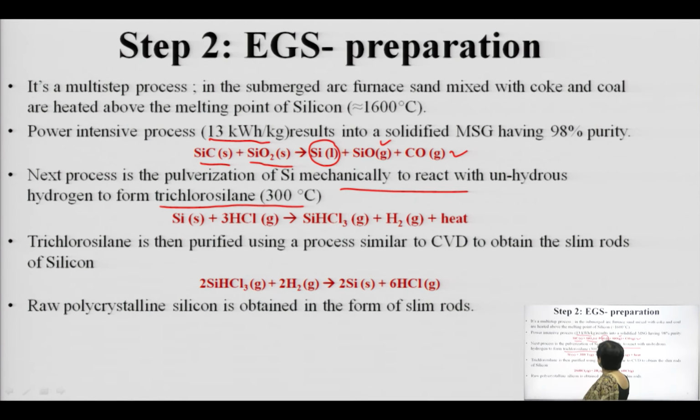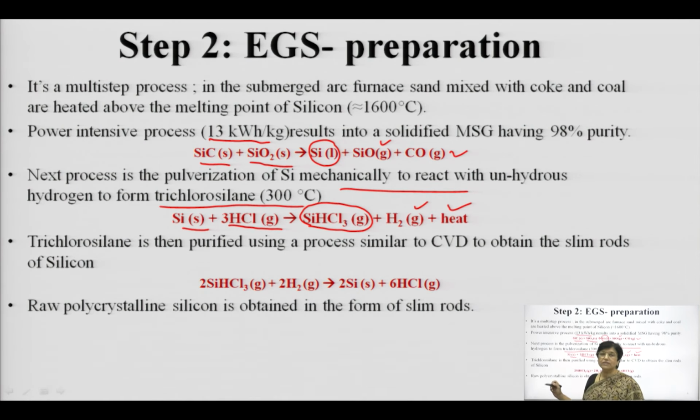Trichlorosilane is formed, which is the most recommended and stable material, widely used for preparing silicon wafers. Now, what is the reaction happening? This metal grade silicon reacts with anhydrous hydrogen chloride and gives us trichlorosilane, and these are the byproducts which are released in the form of gases.